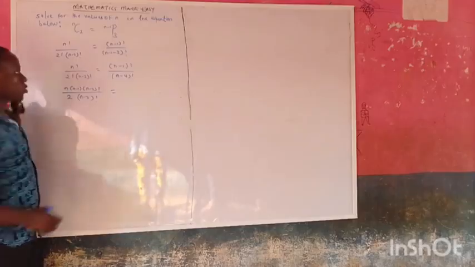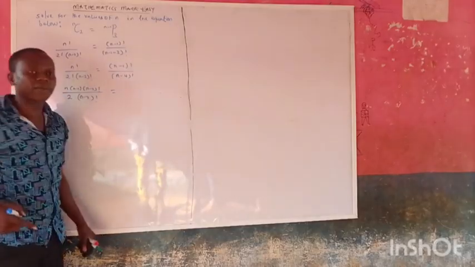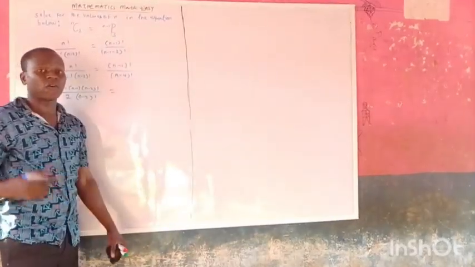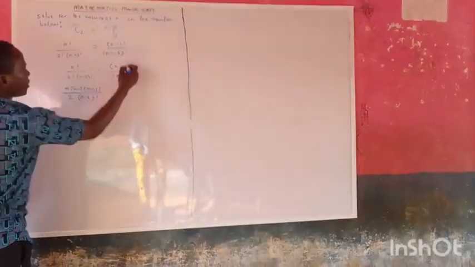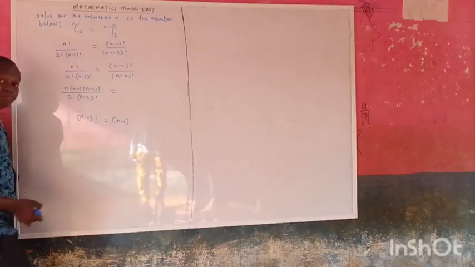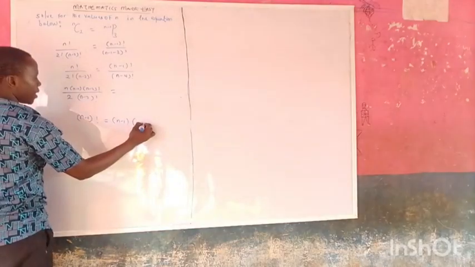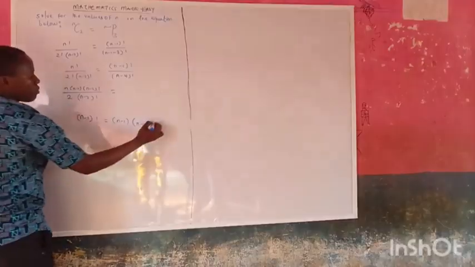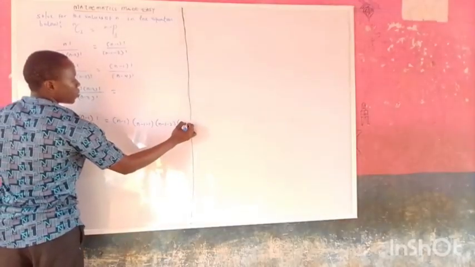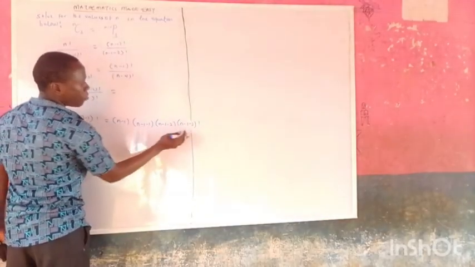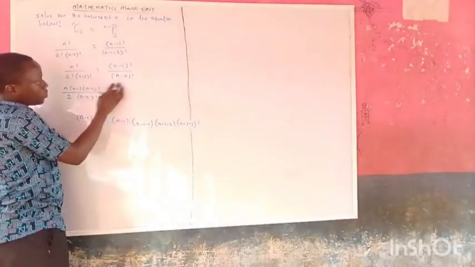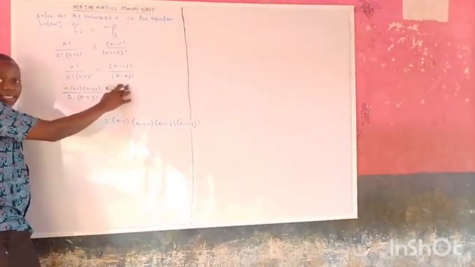Now check your n minus 1 factorial. We can also rewrite this in terms of n minus 4 factorial. That is, n minus 1 factorial equals n minus 1, multiplied by n minus 1 minus 1, multiplied by n minus 1 minus 2, multiplied by n minus 1 minus 3 factorial. Why did I stop here? Because minus 1 minus 3 will give me minus 4, so it's going to give me what's in my denominator.